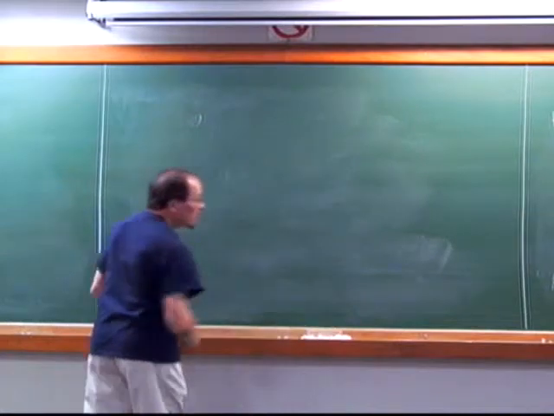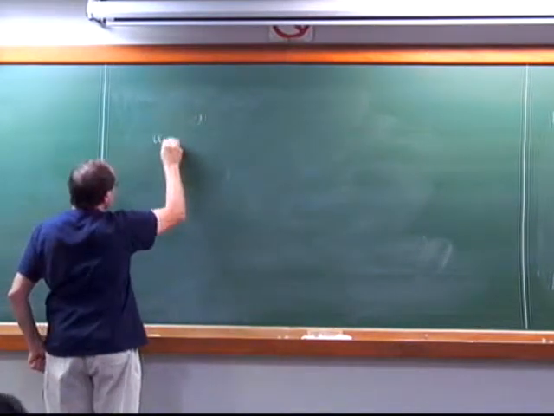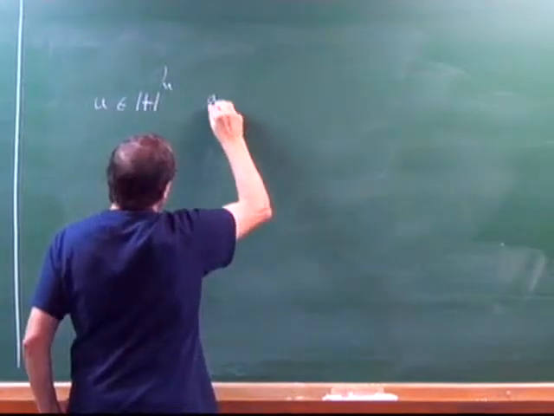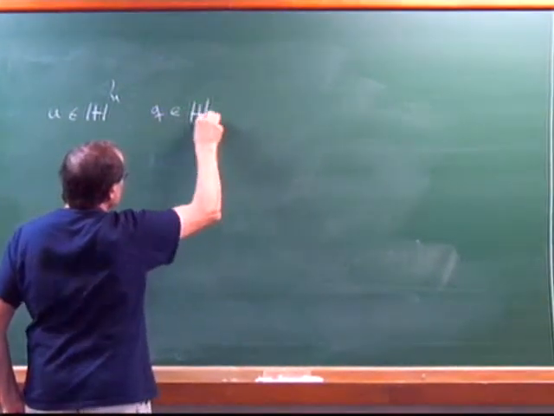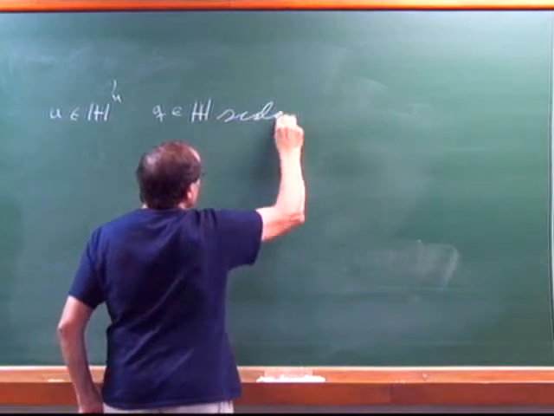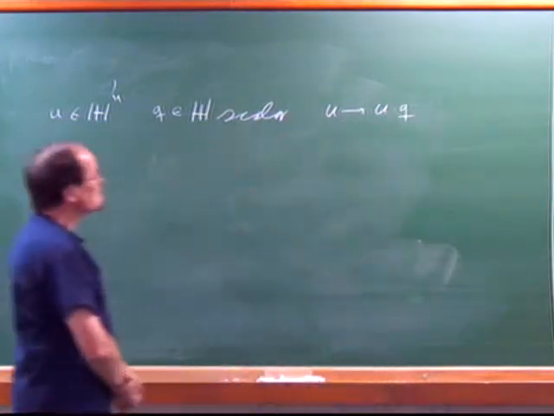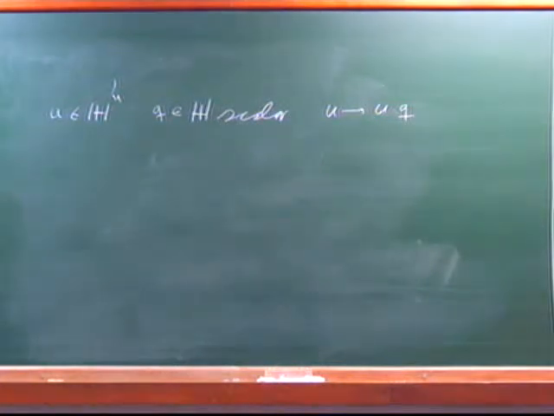And here is a vector u, where if u lies in H^n, then the scalar multiplication, q lies in H as a scalar, then u goes to u times q. So here's the important reason why this is the way you want to do it.